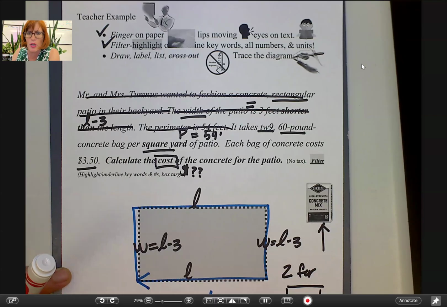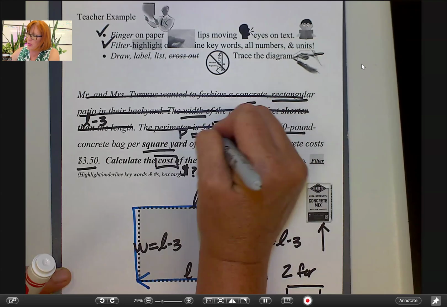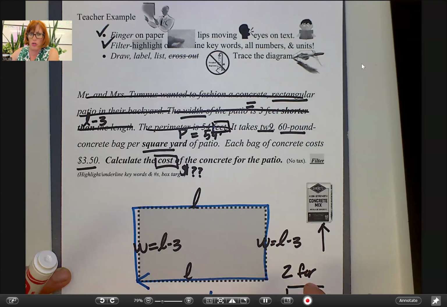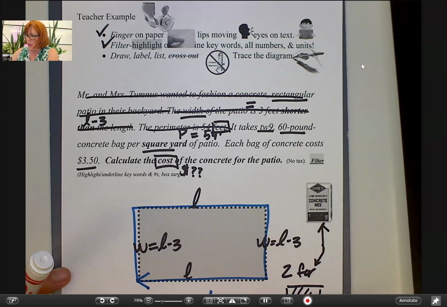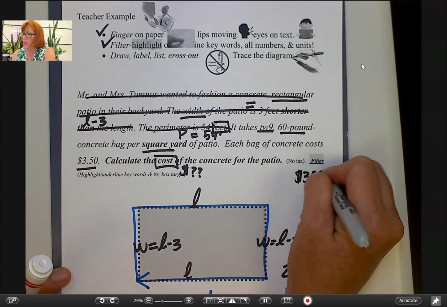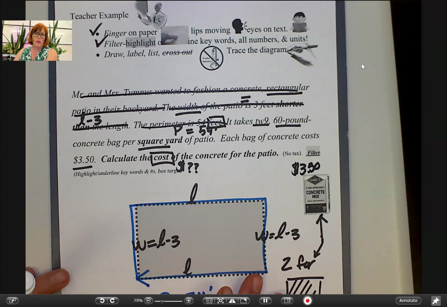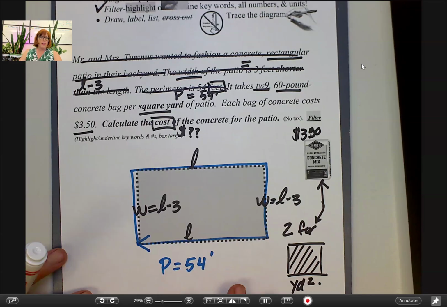There's a discrepancy in units here. This is in feet. That is yards squared. We'll be going over that in just a moment, but we need 2 bags for every yard squared of patio. And each bag costs $3.50. Okay. Seems like a lot of information.